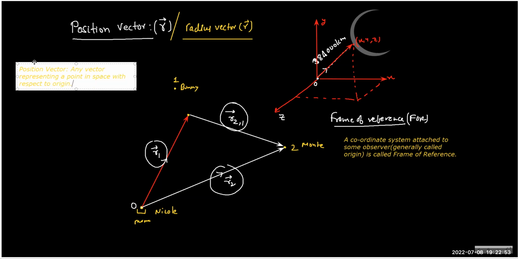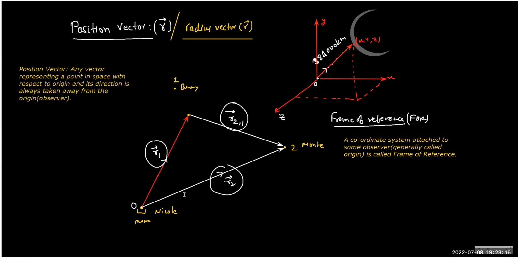Understood? And its direction is always taken away from the origin or observer. So that is the definition of position vector.